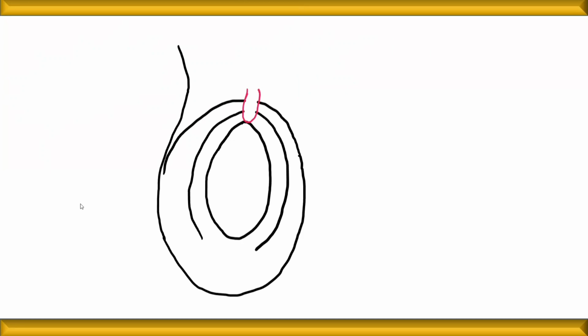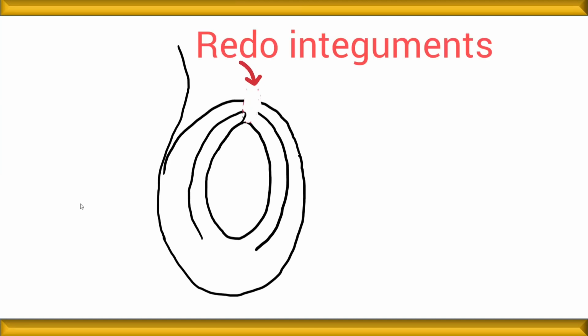So this is how you erase it, and then we'll redo the integument once this is complete. Next, seal off this area gently so that the integuments are highlighted. First the inner integument and then the outer integument. Remember to leave a small opening that is called as the micropyle at the center.